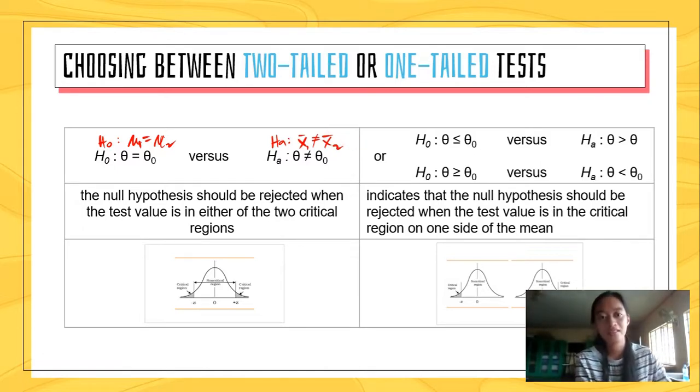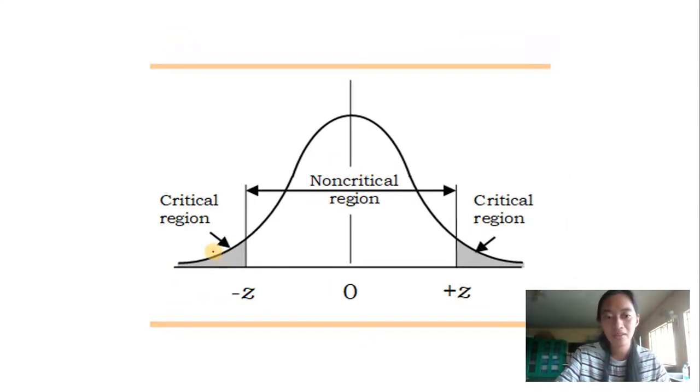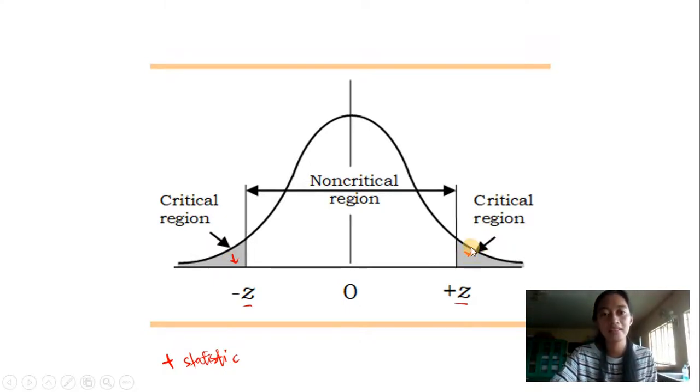The null hypothesis should be rejected when the test value is in either of these two critical regions. We have regions where, if the test statistic that we solved falls there, because we are going to look for test statistics and compare them with the critical value, then for example in this test with Z values, if the number that we found falls in these regions, that means we are going to reject the null hypothesis.